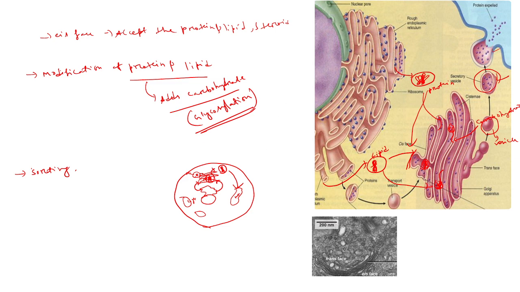Let's suppose it decides this protein or the lipid should go to the lysosome, so again it forms a vesicle. Now this vesicle fuses to the lysosome, and now the lysosome gets its protein or lipid. So this is called protein sorting. That means it decides which protein or lipid should go to which organelle.